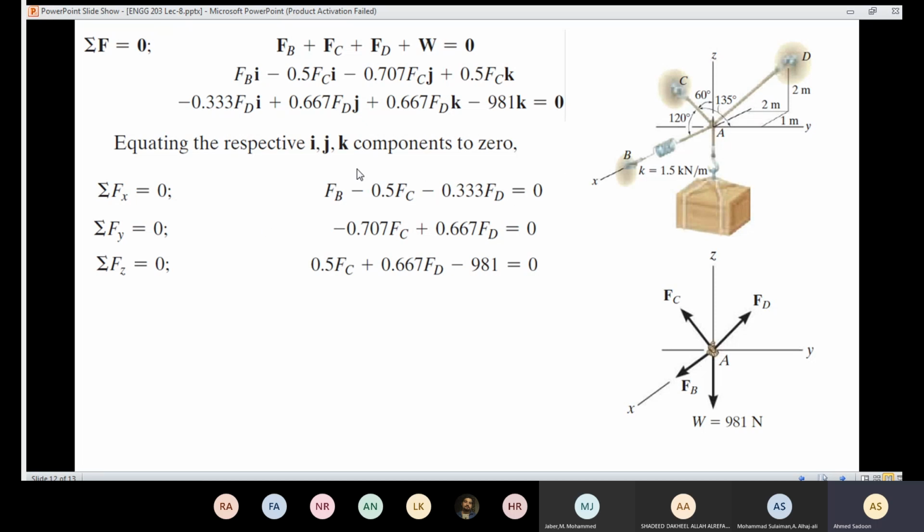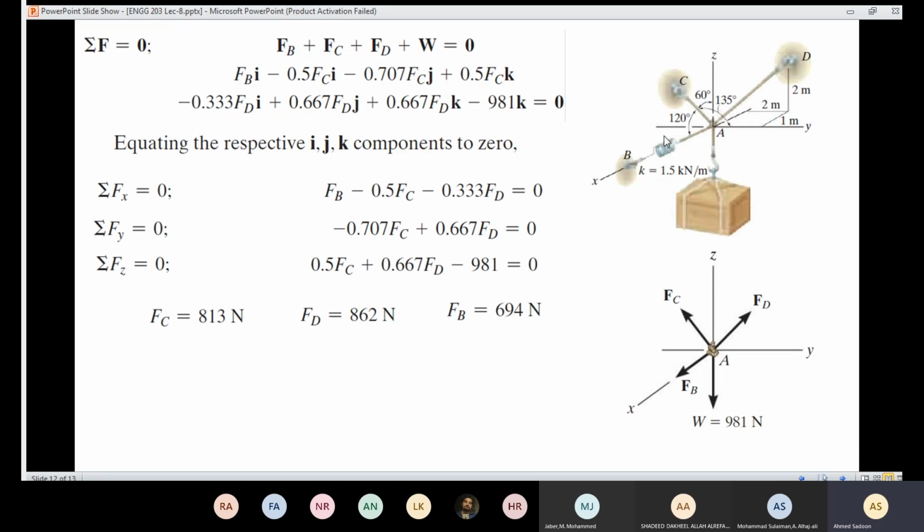And if you solve the problem simultaneously, you are going to find that FC is going to equal 830 Newton, FD is going to equal 862 Newton, and FB is going to equal 694 Newton. And now we successfully calculated the tension in the cables.